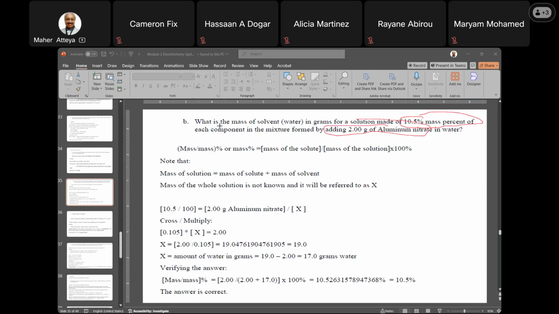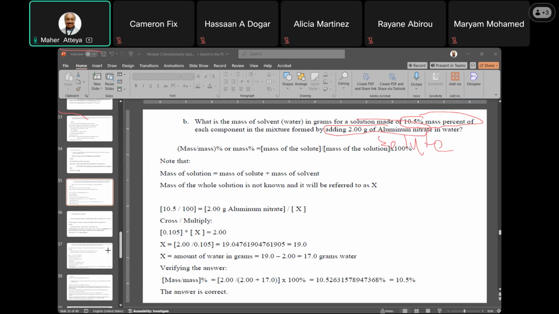And it's asking about the mass of the solvent, correct? It's asking what? The mass of the solvent.